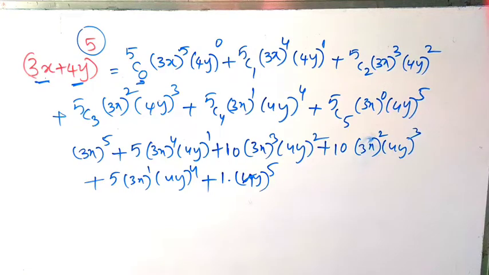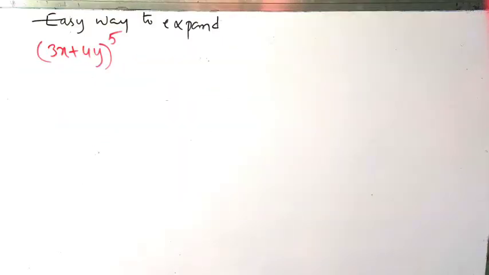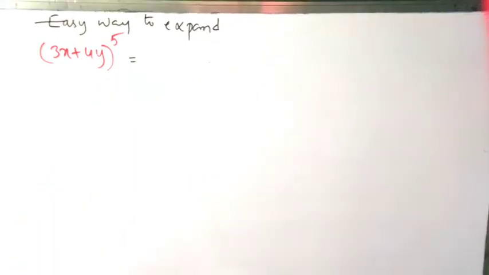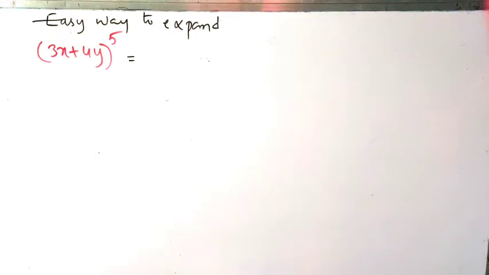See here, an easy way to expand (3x + 4y) whole power of 5. See here, we observe that in the previous method we already wrote, the first term power is decreasing 1 by 1 and the second term power is increasing 1 by 1, clear.